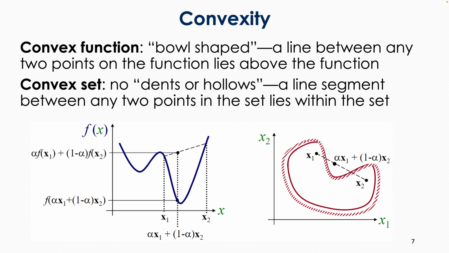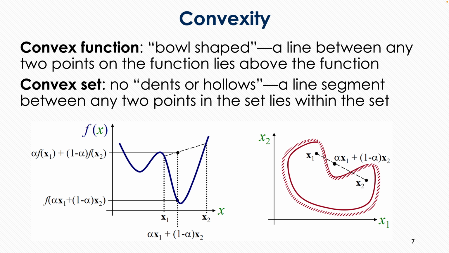A convex function is like our bowl shape, right? So if you take a line between any 2 points of our function, and suppose this f of x is our objective function, okay? If I take any 2 points along this line, the line between those 2 points lies above the function.